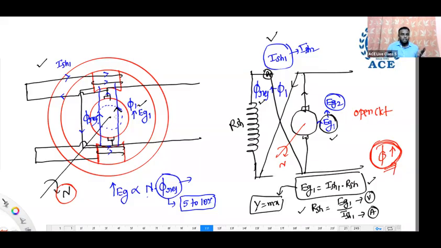Decreasing. Whenever resultant flux decreases, the induced EMF also decreases. It won't build up. That's why we should connect properly, such that the field current produces a flux in the same direction as the residual flux. That is called proper connection.